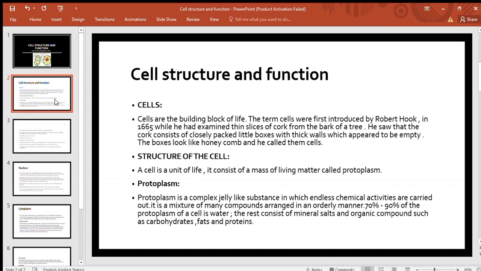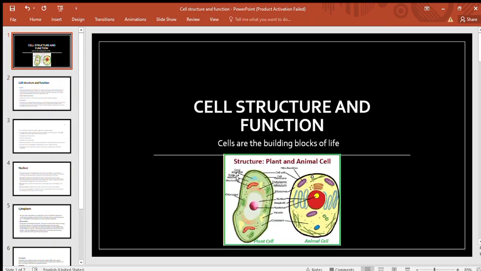Structure of the cell. The cell is a unit of life. It consists of a mass of living matter called protoplasm. In the diagram you can see the middle portion.